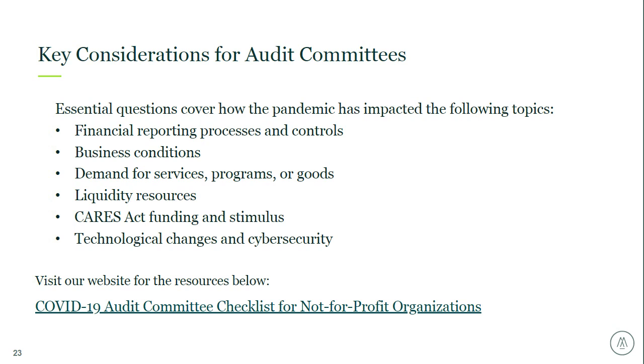CARES Act funding. What are the financial reporting consequences, and what are the ongoing monitoring and reporting requirements? Lastly, technological changes. How are you protecting the organization from cyber attacks? And is current technology adequate to support remote work environments and also your organization's security?